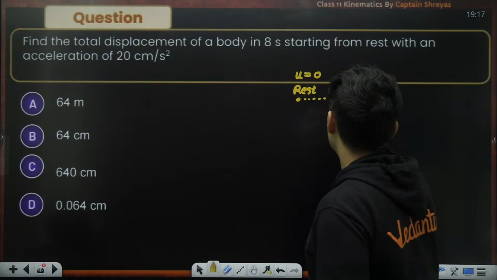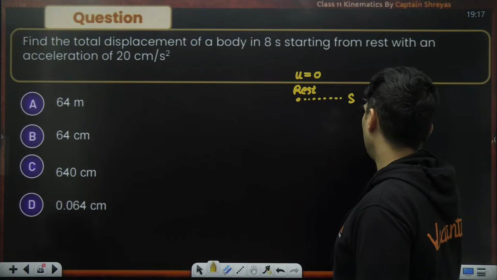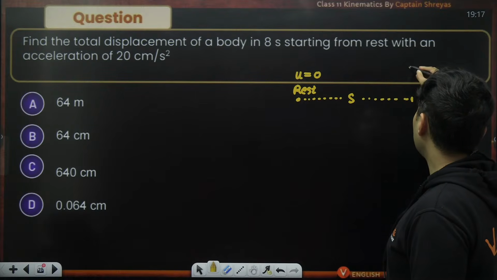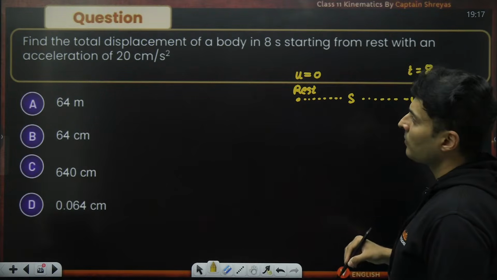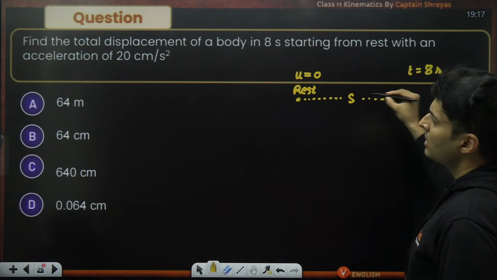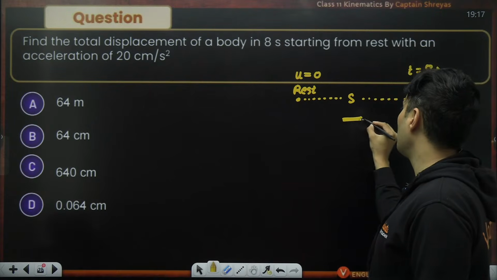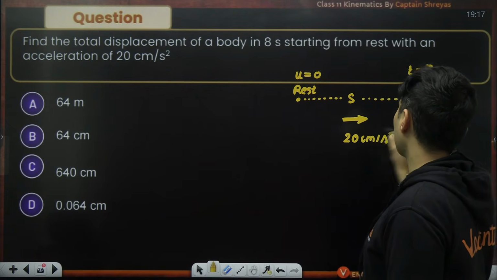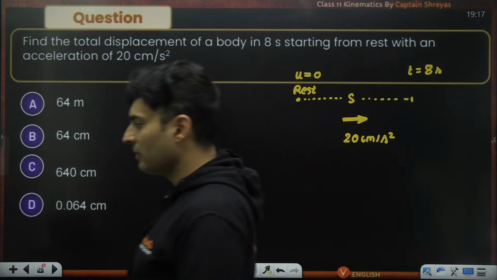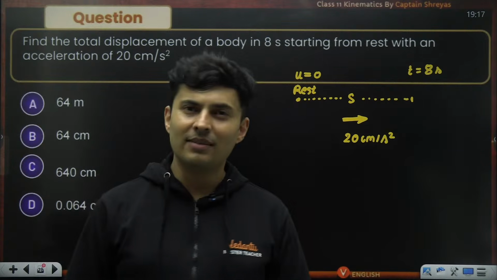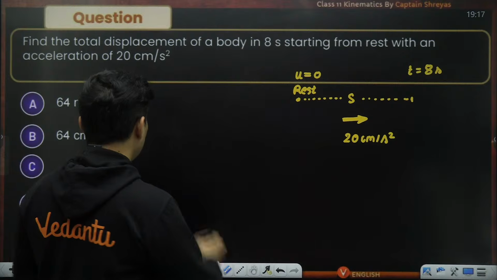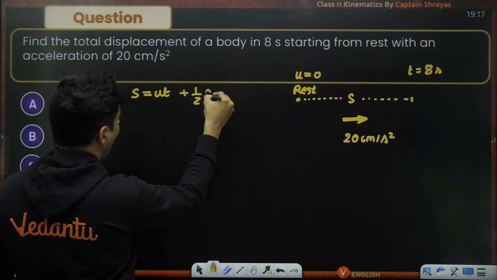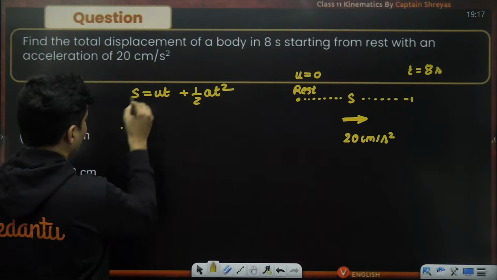And it has moved some amount, which I do not know, S. It is taking 8 seconds, and acceleration is also mentioned: 20 centimeters per second square. So I'm guessing the second equation will save me. S is ut plus half at square. Think about it. If I use S is ut plus half at square, what is the displacement?